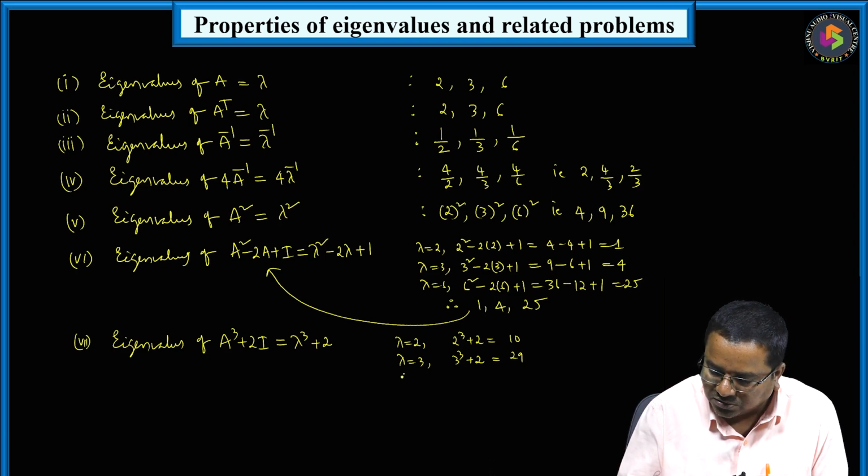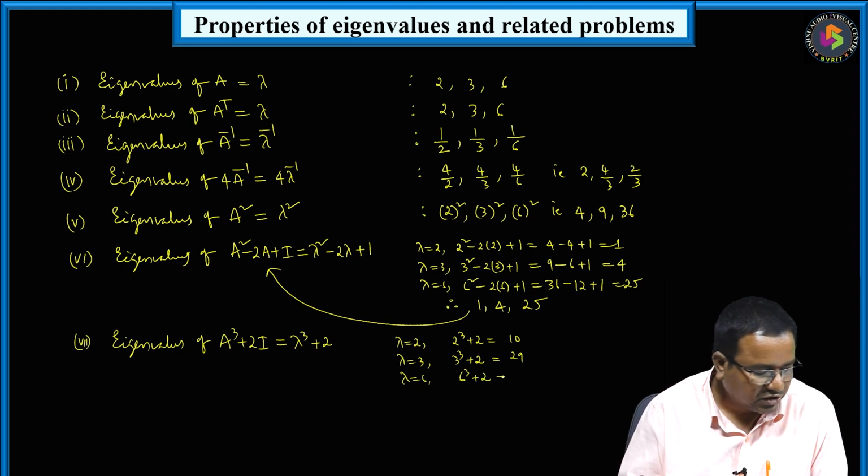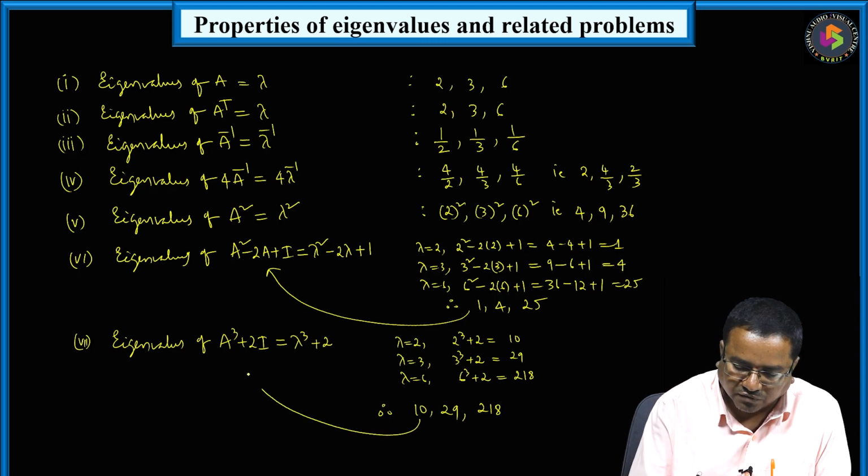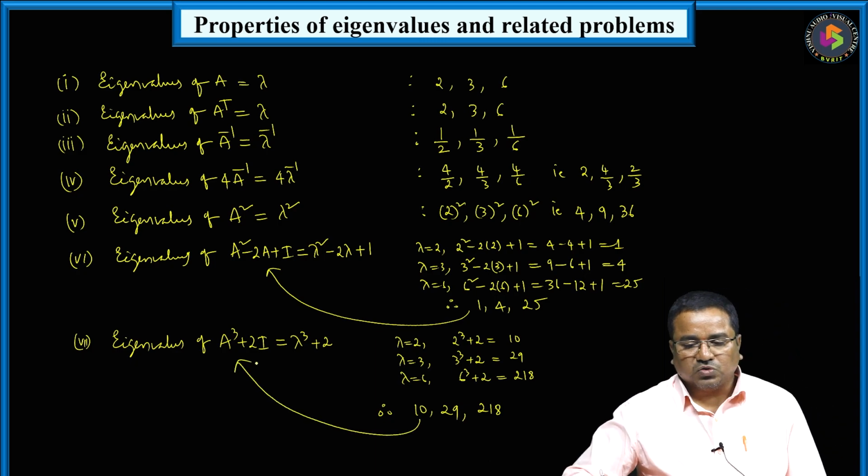Then if lambda is equal to 6, 6 cube plus 2, you will get 216 plus 2, 218. Therefore, 10, 29, 218 are eigenvalues of the matrix A cube plus 2I.